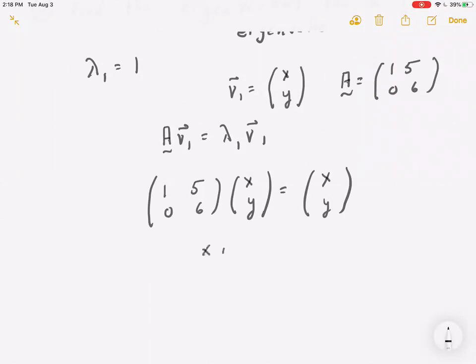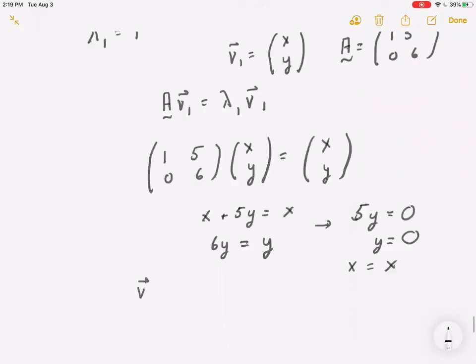I use my standard bag of tricks and ask, what is this matrix equation telling us? It means that 5y equals 0, that y is 0, and x is x.